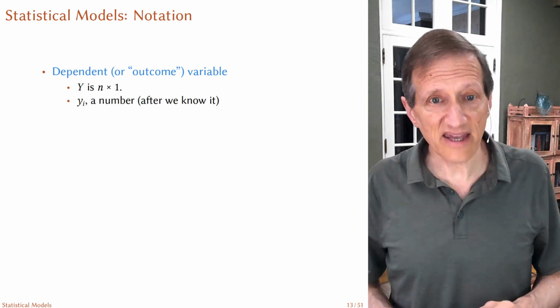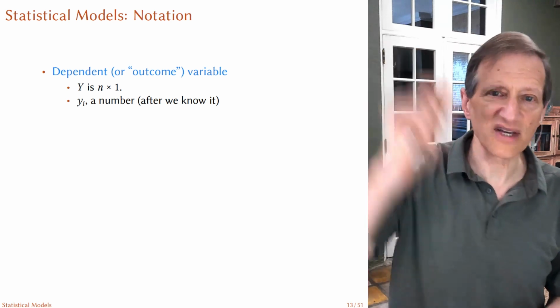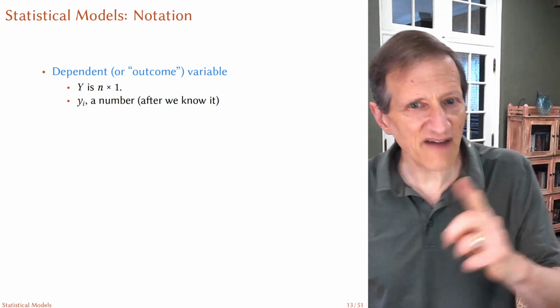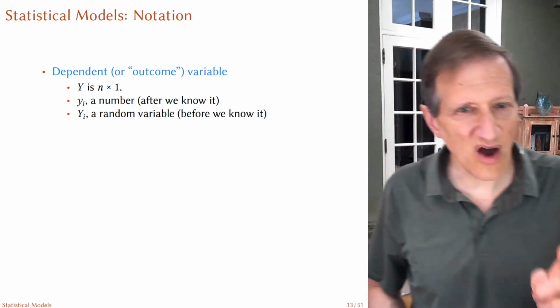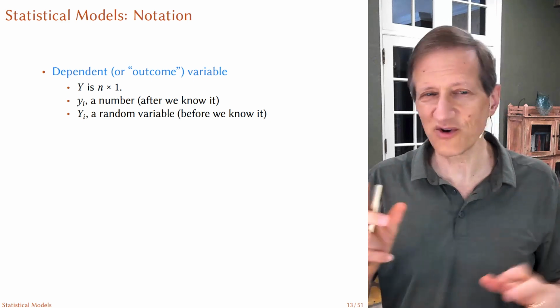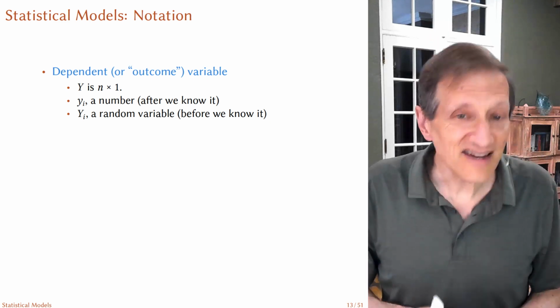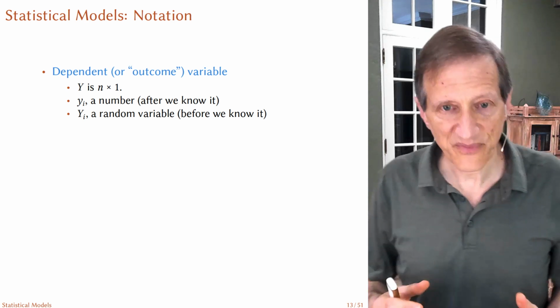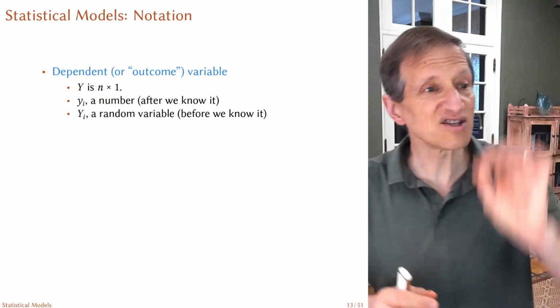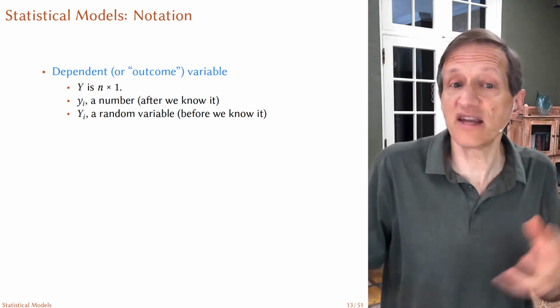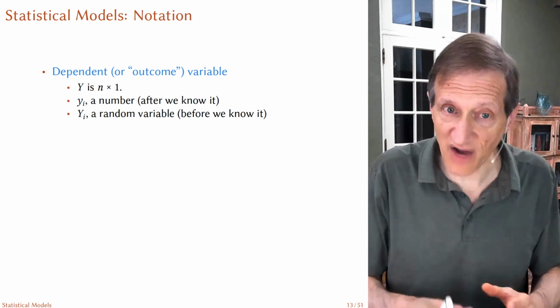Little y_i is going to be one of the numbers in a column. It's going to be a number after we know it, and capital Y_i is going to be a random variable before we know it. So think about what we're talking about here. When we set up the design for our analysis, we're going to have Y_1, and Y_1 is going to be generated by some data generation process, the one that we specify.